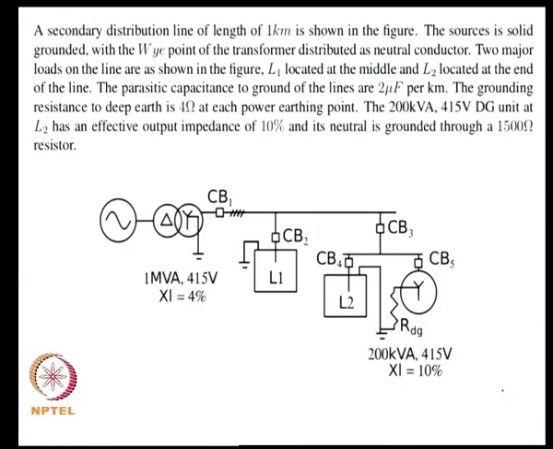Okay. So, in the first problem we have a secondary distribution system, essentially at the consumption point, 415 volts distribution of length 1 kilometer, and we have a couple of major loads on this distribution, load 1 and load 2, and the source is a delta Y transformer with the Y point solidly grounded.